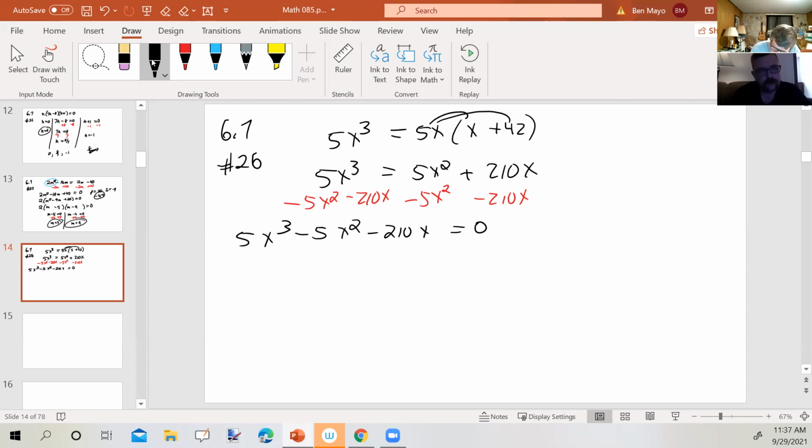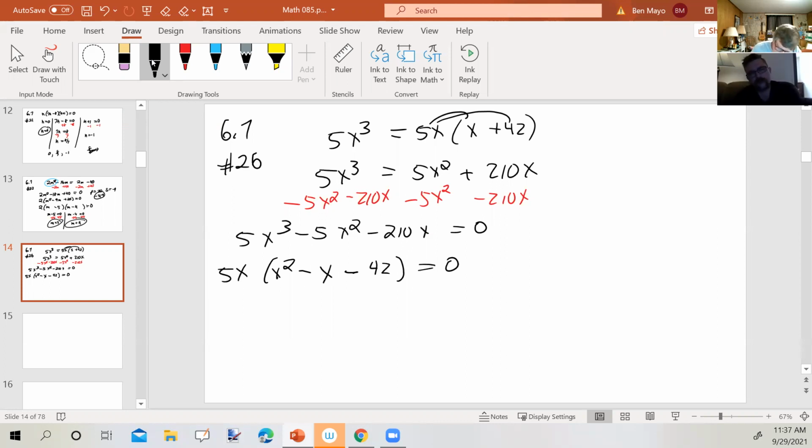The greatest common factor would be 5x, and then I have x squared minus x minus 42 equals 0.